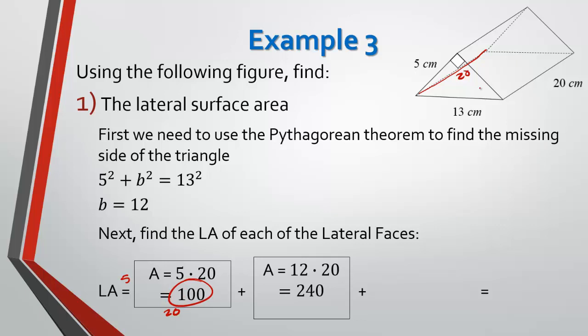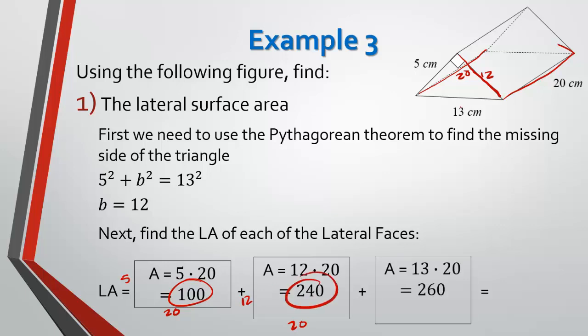Next, we'll do this side, which we said was 12. So this rectangle here, which is 12 times 20, which equals 240. And last but not least, the bottom part, which is this one here, and that's 13 by 20, which is 260.